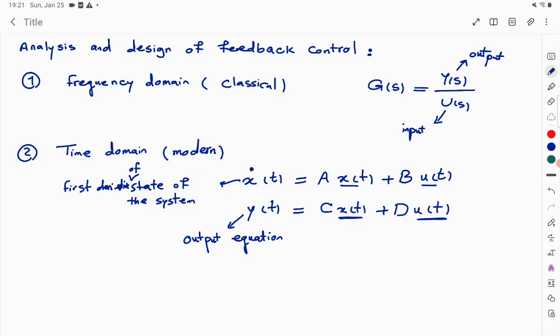And also, this representation in time domain makes it possible to describe all dynamics of the system.